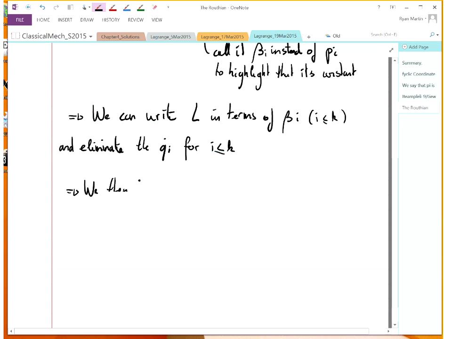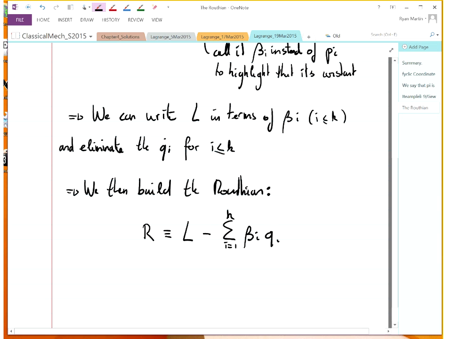We then build the Routhian. So we define the Routhian R to be L, now L written in terms of the beta_i's, minus the sum from i equals 1 to k of beta_i q̇_i.